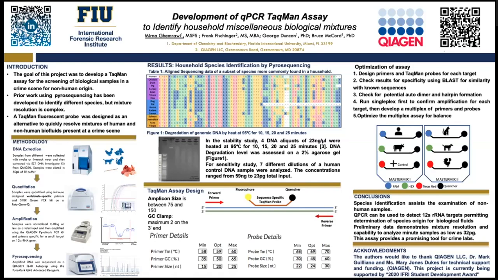So that's more into the mixtures part, and that's why I said they can convolute some sort of mixtures. Some primers might preferentially amplify human over dog, for example, but we want the one that can amplify both at the same level and not preferentially amplify one over another. So we were able to tweak those primers to give us the results that we wanted.